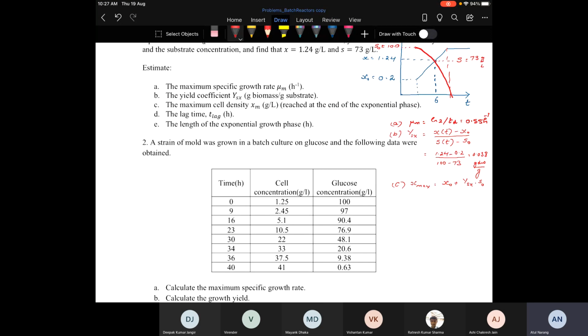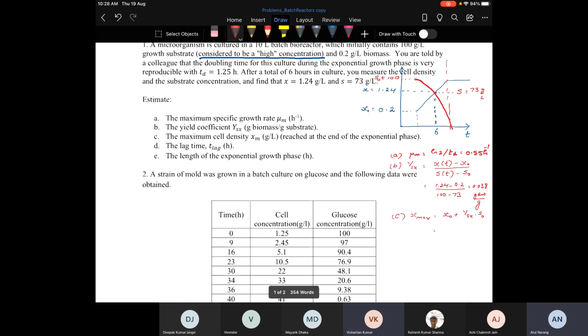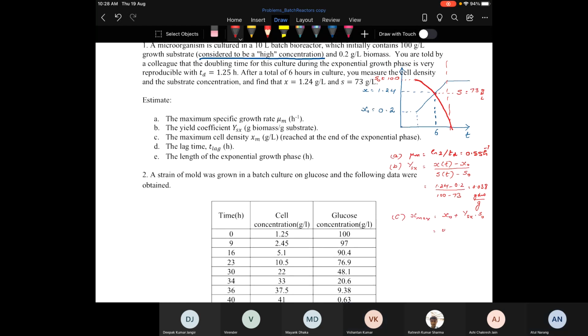Has anybody done the calculation? X0 is 0.2, right? Plus 0.038 multiplied by 100. So I hope you understand the physical meaning.